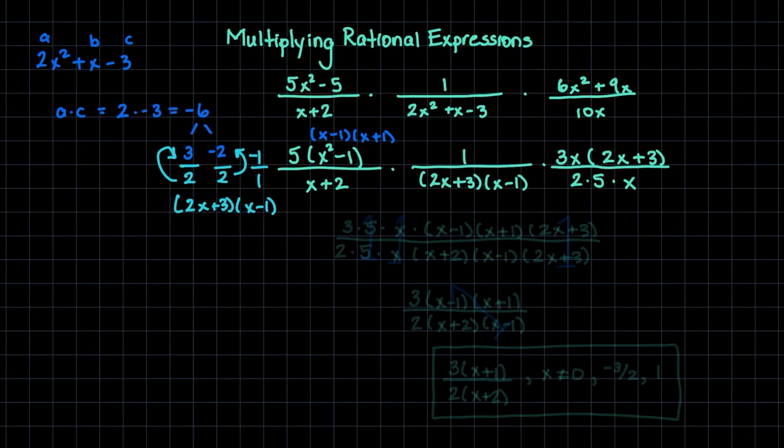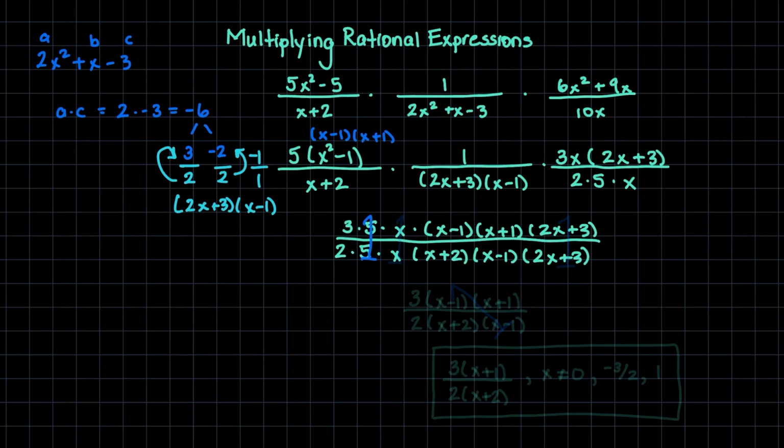Might rearrange some things. 3 times 5 times x minus 1, x plus 1, 2x plus 3, all over 2 times 5 times x plus 2, x minus 1, 2x plus 3.